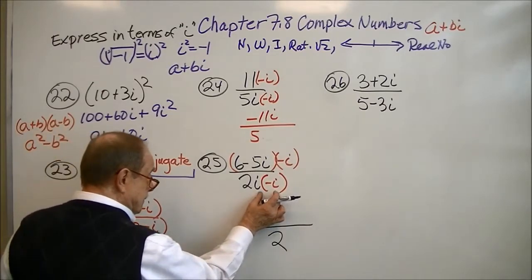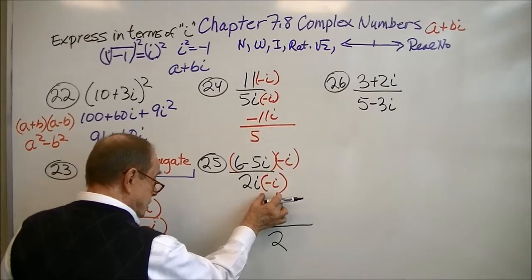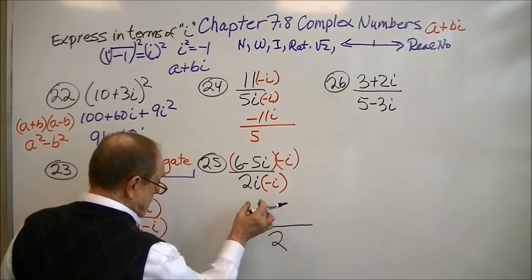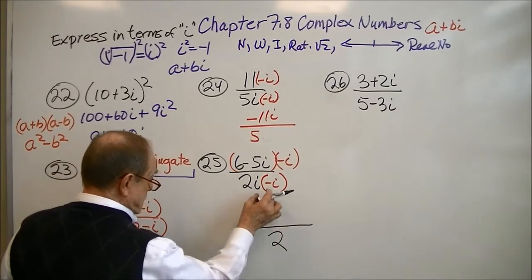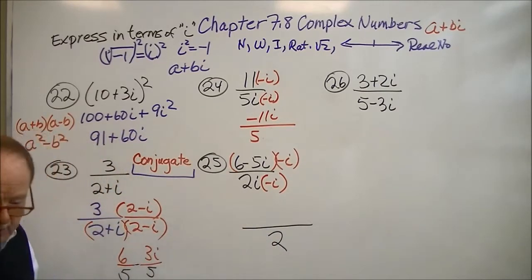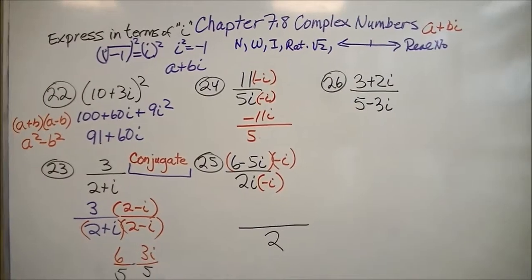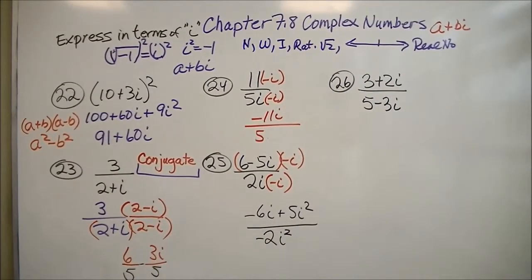So this is a negative i squared, which is a negative 1, times 2. Let me just be sure I'm doing that correctly. Yes, I was good on that.